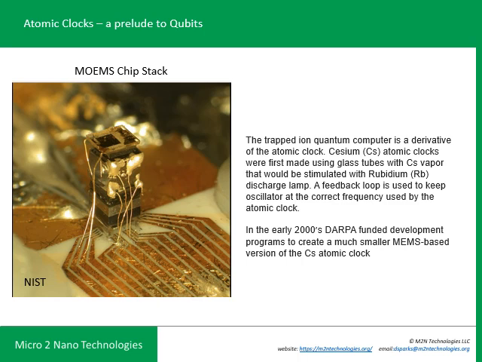You use this frequency in a feedback loop to make it oscillate, and you get a very accurate timekeeping capability based on atomic energy levels. In the early 2000s, DARPA funded a project to accomplish this using MEMS, a very small chip-based approach to make a cesium atomic clock. They successfully did that. There's a picture of it shown here. This is the NIST device with these stacked chips wire bonded together on a circuit board.